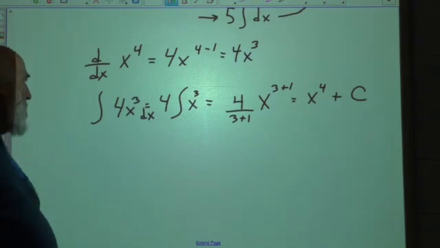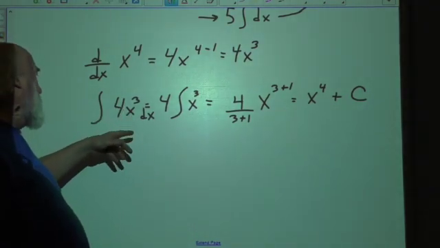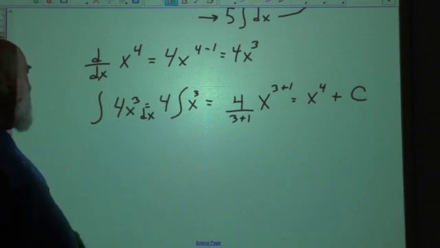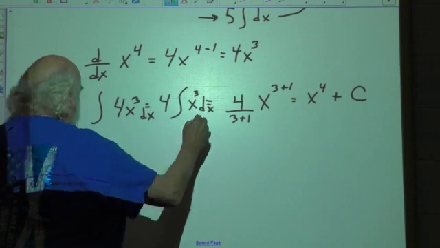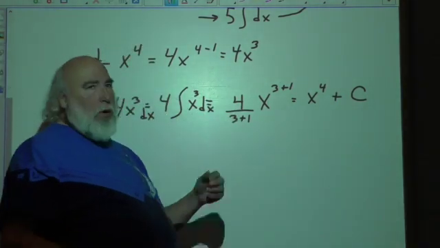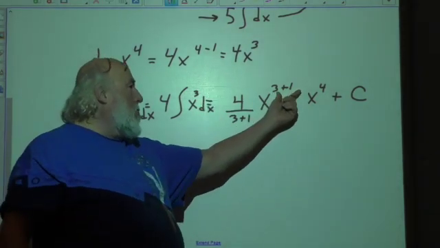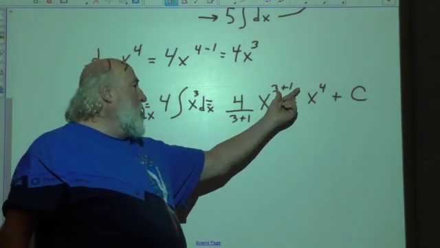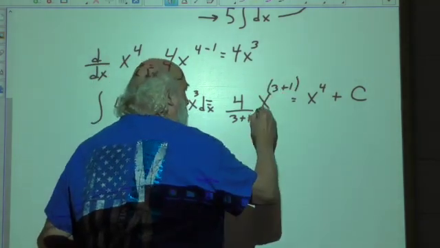Or 4x cubed dx, then what that is telling us is we're going to put a 4 on the outside, and we're going to focus on the x cubed dx. Now, if we look at the x cubed, we know that if it's going to go backwards, instead of losing 1, it's going to gain 1. So we're going to gain plus 1 here, which means the denominator over here is 3 plus 1.